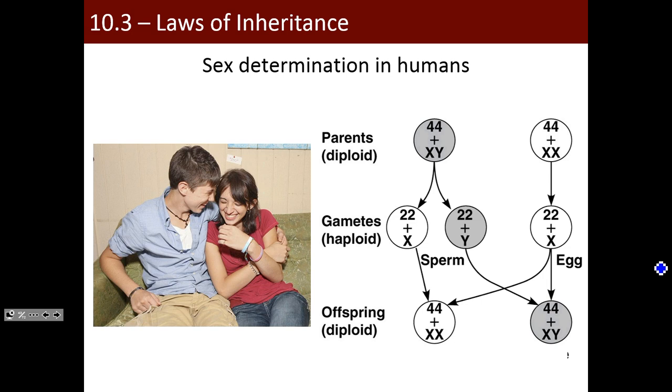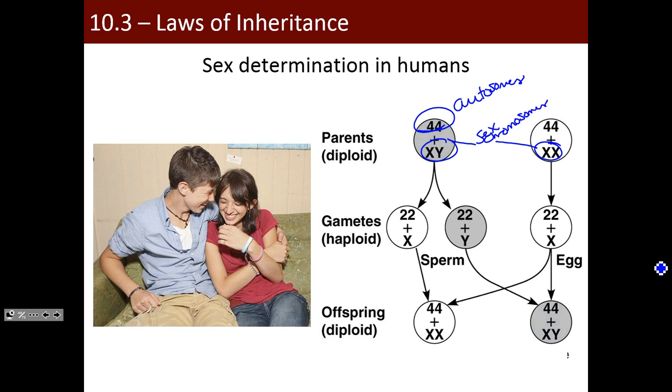anatomy. Okay, so in humans we have a total of 46 chromosomes. 44 of those chromosomes are called autosomes, and those 44 autosomes code for most of the things about the body. The last pair of chromosomes, either XY or XX, are the sex chromosomes.